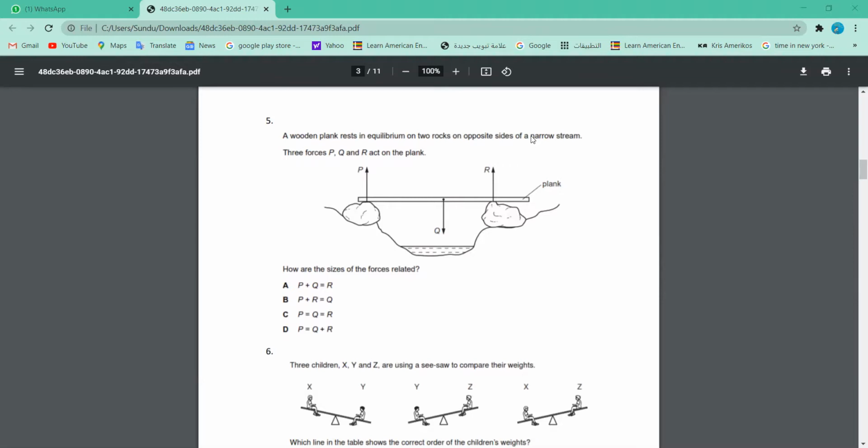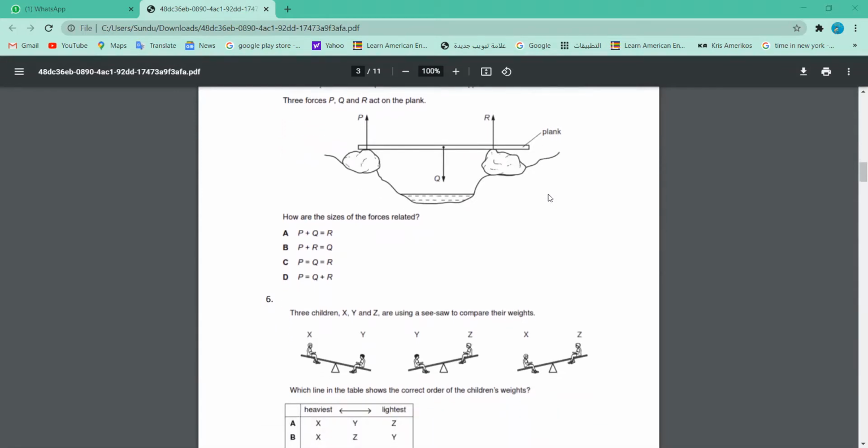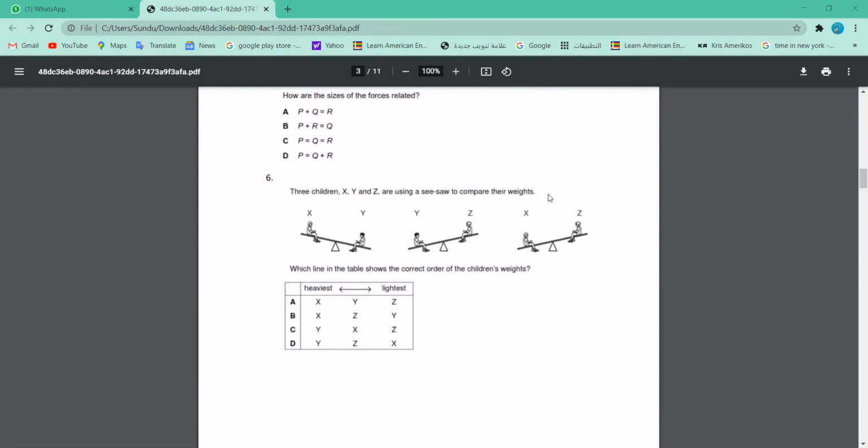Which law are you applying here? Total upward forces is equal to total downward forces. Yes, total upward forces is equal to total downward forces.